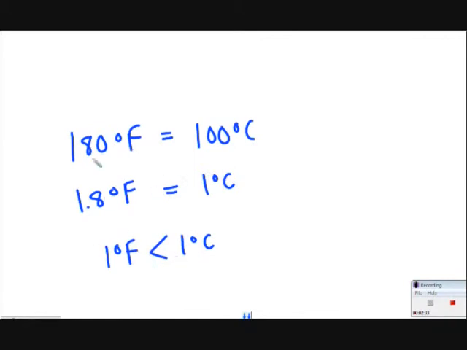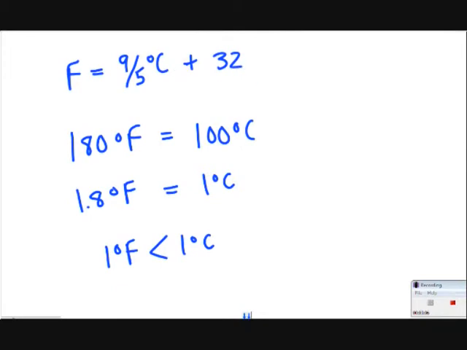So then to convert from one unit to another, to go from Celsius to Fahrenheit or back, we have some formulas here. To go from Celsius to Fahrenheit, because each degree Celsius is equal to 9/5 or 1.8 degrees Fahrenheit, we have to multiply our degrees Celsius by 9/5 or 1.8 and then add 32 to it.